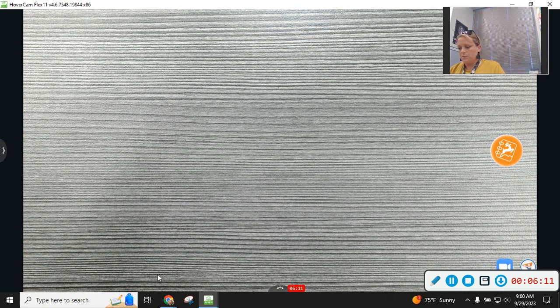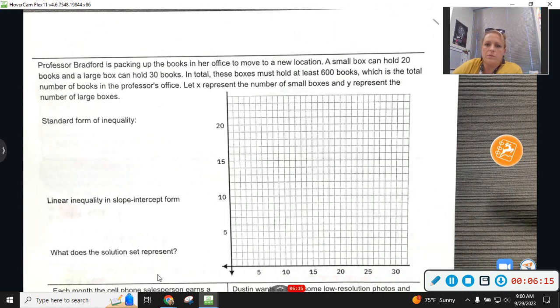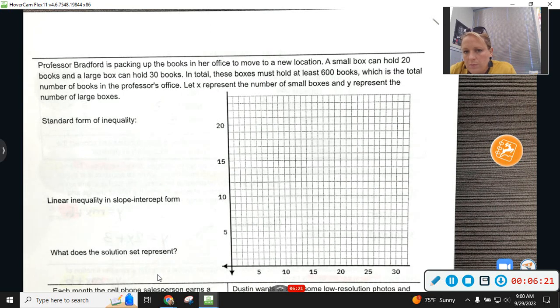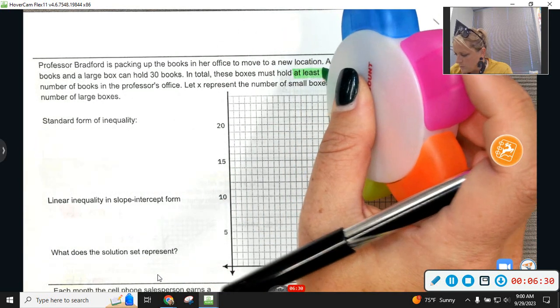Now we're going to go over Professor Bradford. He is packing up the books in our office to move to a new location. A small box can hold 20 books, and a large box can hold 30 books. In total, these boxes must hold at least 600 books. So go back to our warm-up. We talked about at least. Which one was that?